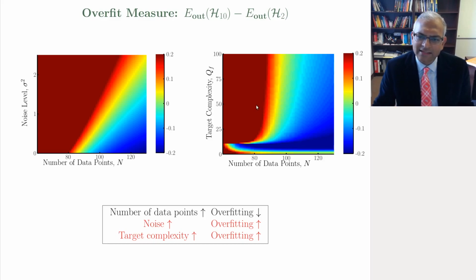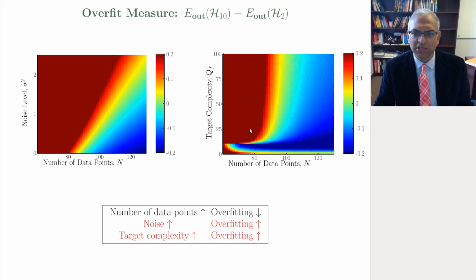And that doesn't really matter whether you're dealing with a very complex target function like 100th order or 25th order. Let's say you have 80 data points and a 25th order target function, you still go for the simpler fit, even though it has no hope of fitting a 25th order target function. It's a deep red region, lots of overfitting. The second order polynomial fit is significantly preferred.